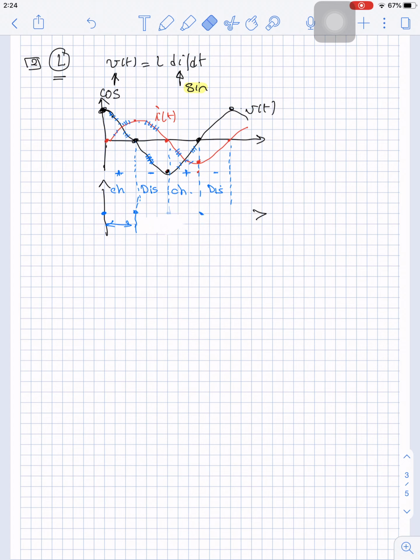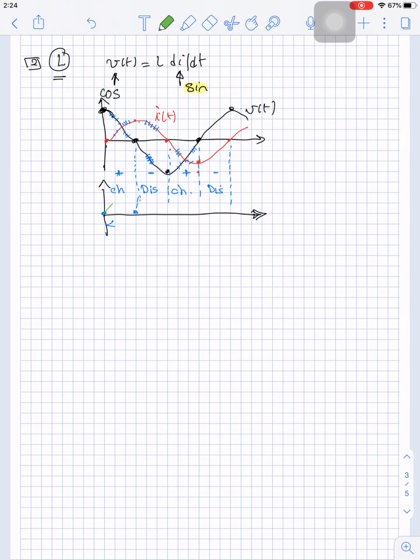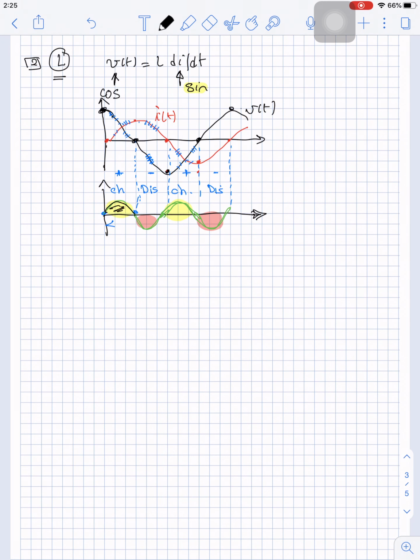Let's make this more clear. So the power will be a sine wave. Here it's positive, here it's positive, here it's negative, here it's negative. So the average power is 0, which means that this area here is equal to this area, and this area is equal to this area.